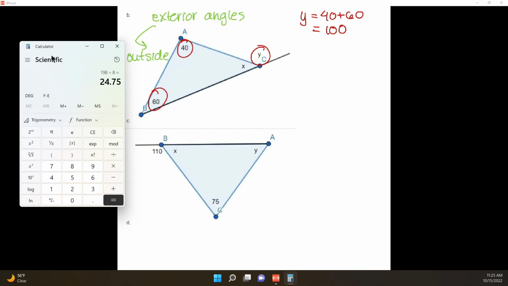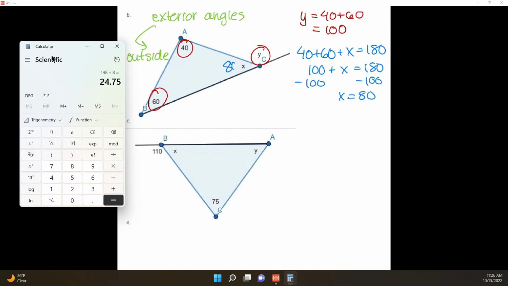The other way to play it is that you know that the interior angles of a triangle add up to 180. So we could say 40 plus 60 plus x is 180. 40 plus 60 is 100. If we subtract 100 from both sides, we know that x is 80.